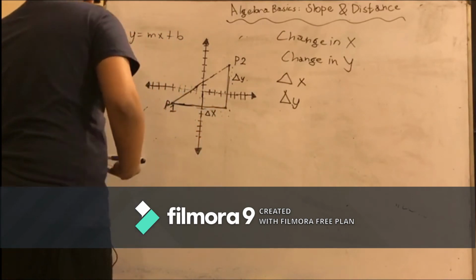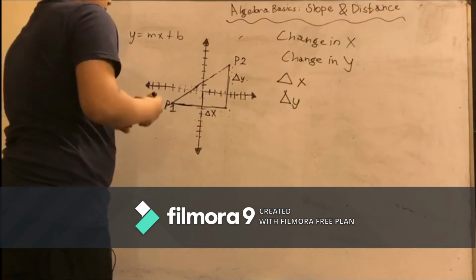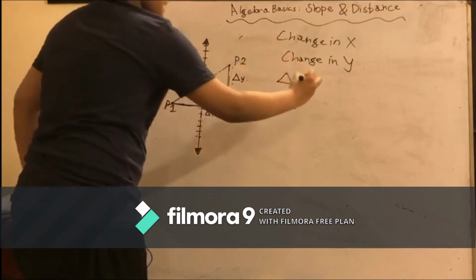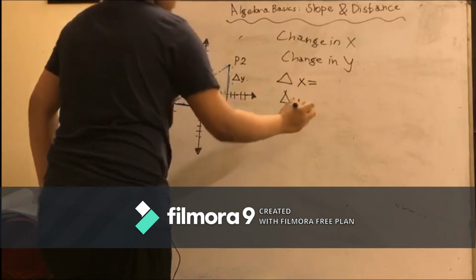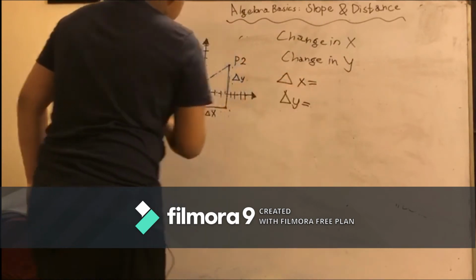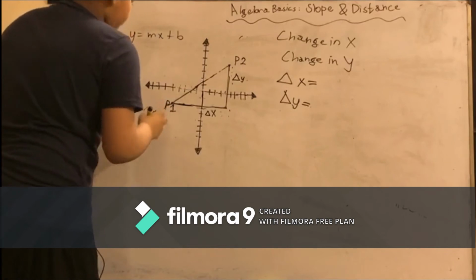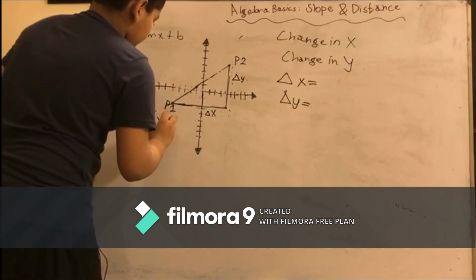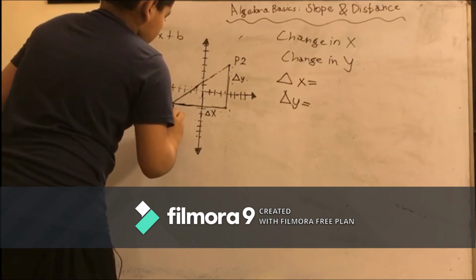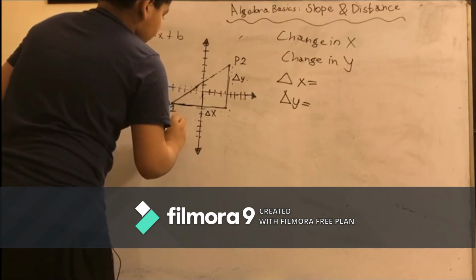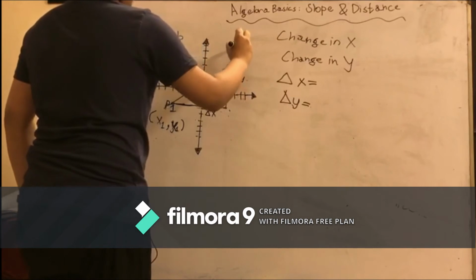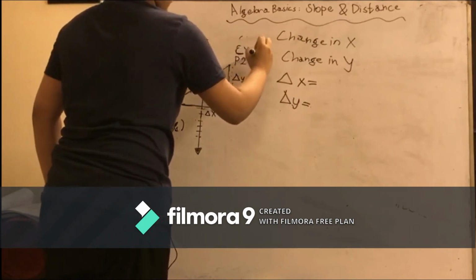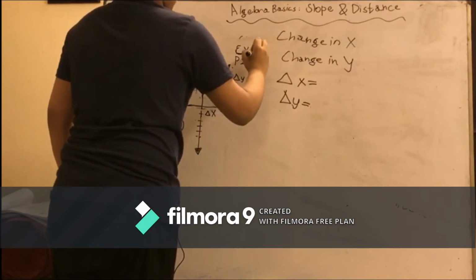Now let's look at change in x and change in y. Point 1 would be x1, comma, y1. And here, it will be x2 and y2.